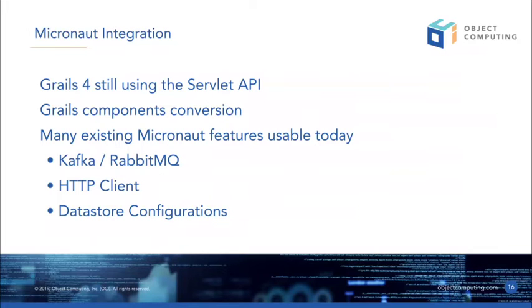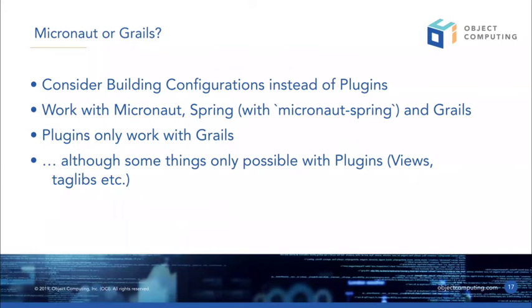And there are many existing features in Micronaut that you can use today in your Grails 4 app. A couple of those are the Kafka integration, the RabbitMQ integration, which is great, our HTTP client, and any data store configurations, basically any feature that does not rely on the HTTP server.